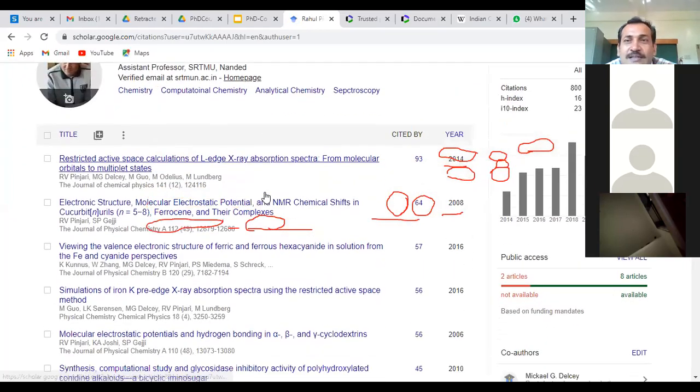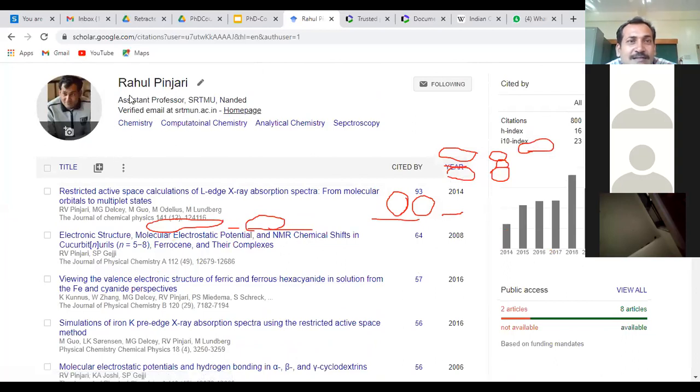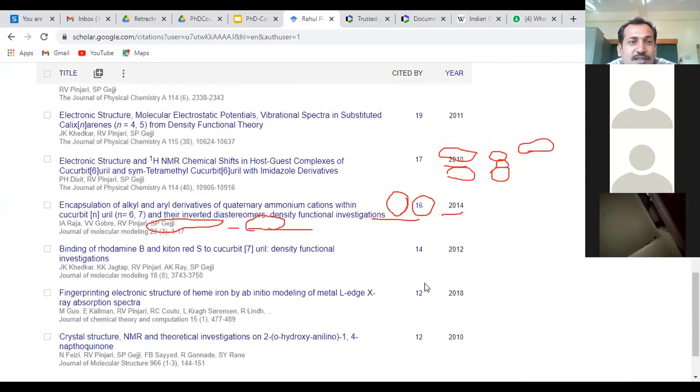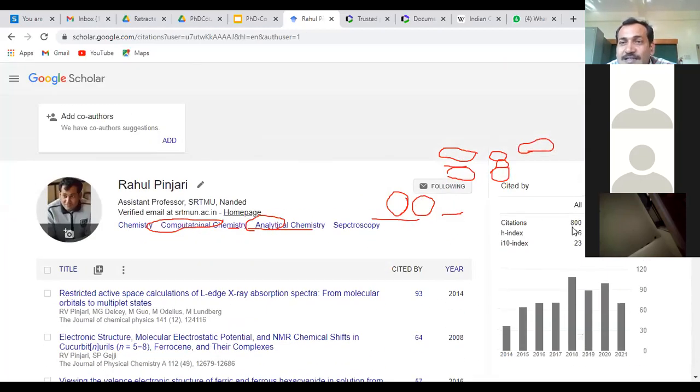So I can see the profile like this, and the affiliation, institution, research area, number of papers published, how many times cited, published in which year, all these things will be observed here. So in this way, we can see the citation index, how many papers are cited, how many times.